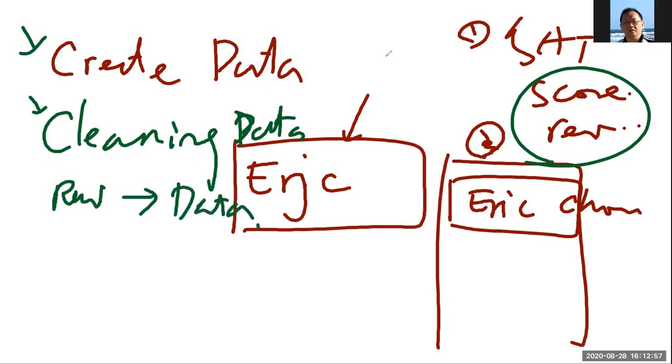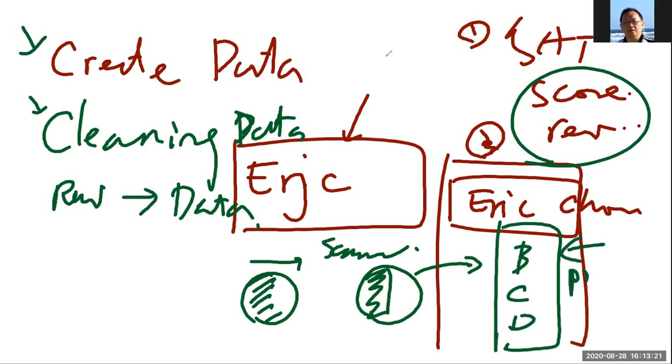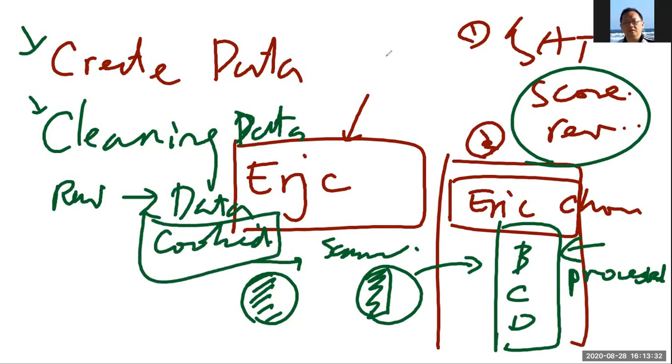When we convert the raw data to data, it means the bubble scanning is some sort of reading. The scanner scans in how much area is filled, and it makes a decision on whether it should be B, C, or D. Once you have this data, it is already processed data. So from raw data to cooked data. Cooked means that it's already in A, B, C, D.